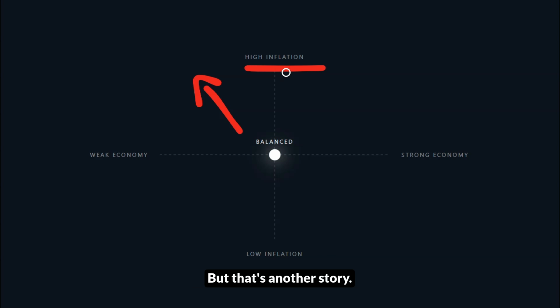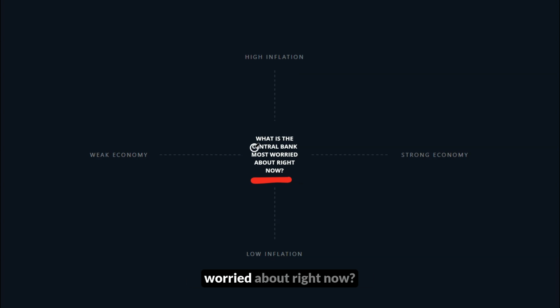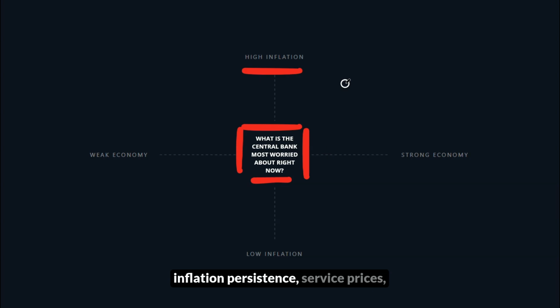But that's another story. For now, let's keep it simple, because this table right here, this quadrant, gives us the first practical question in this entire process. What is the central bank most worried about right now? Not what it was worried about a year ago. What is it actually worried about right now? If its speeches repeatedly focus on inflation persistence, service prices, wages, well, the bank is telling you that inflation is the priority.